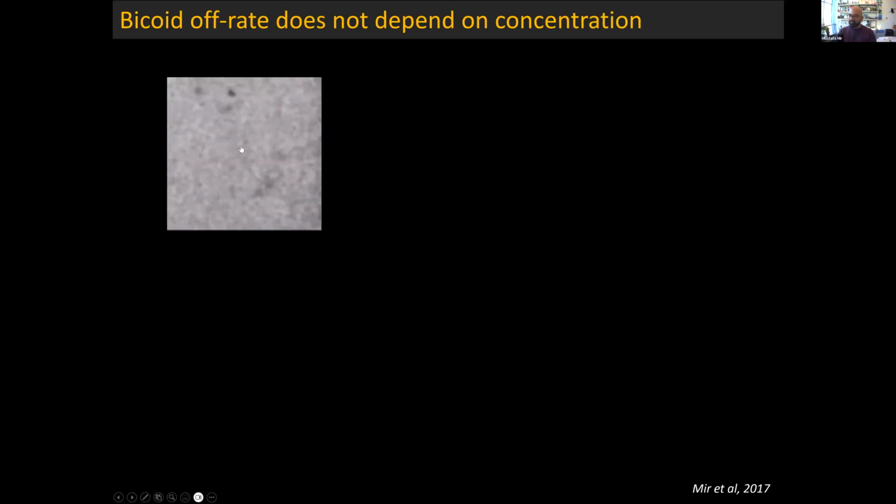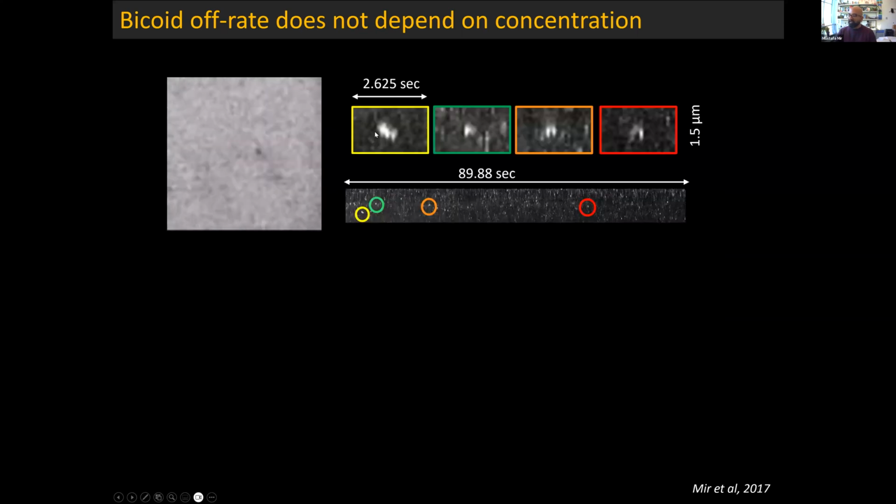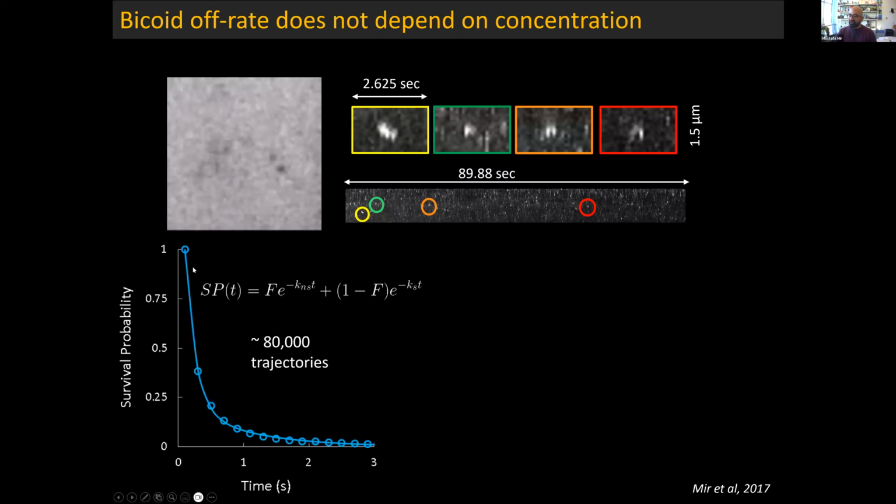So to do this, we acquire single molecule data. So here you're seeing molecules that are immobile, and then we track the lengths of each of these detections, and we build what's called a survival probability curve, which tells you the probability of finding a trajectory or an interaction of a certain length.